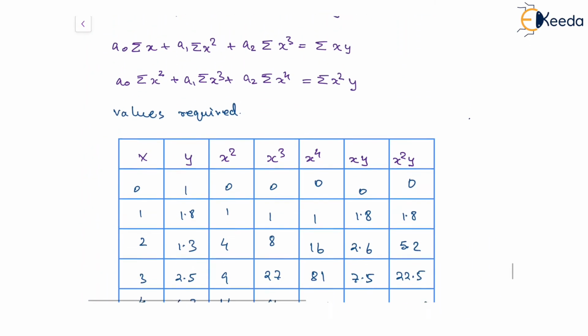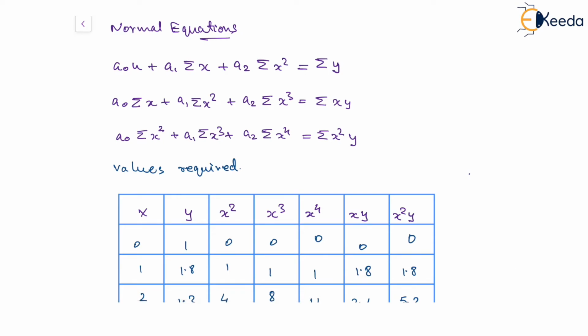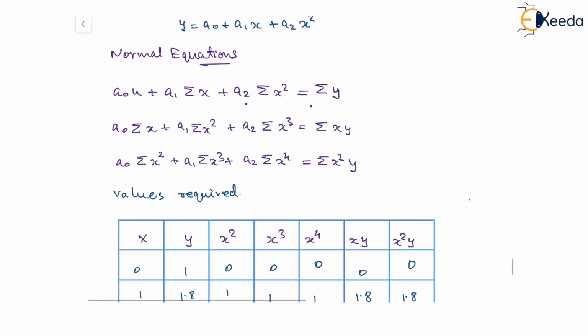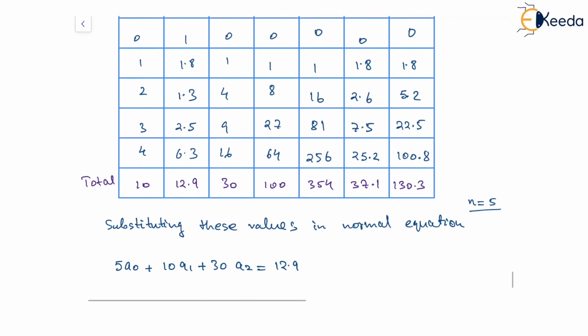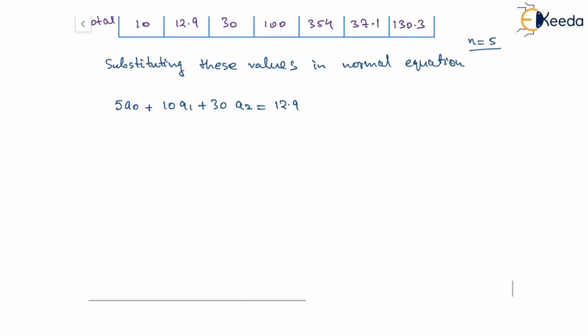Comparing it with the first normal equation, this is a naught times n plus a1 times summation x plus a2 times summation x square equal to summation y. So putting all these values, we get the first equation.